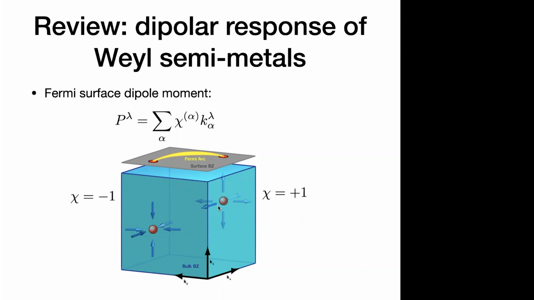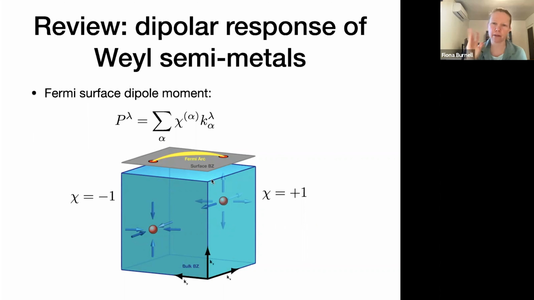So I think that's kind of the essence of what's different about this anomaly. Good. Okay. So we have this pair of Weyl nodes in the bulk. And we're going to define the dipole moment of this Weyl semimetal, where chi here is this chirality, and alpha corresponds to the alpha Weyl point. So this is the momentum vector at this alpha Weyl point, right?